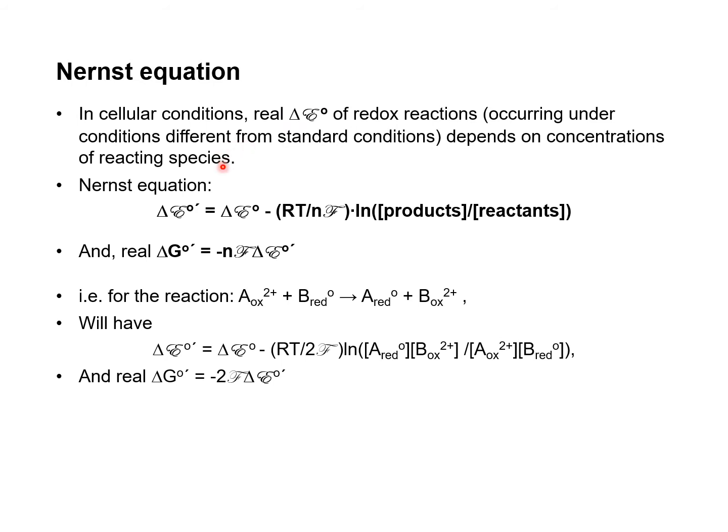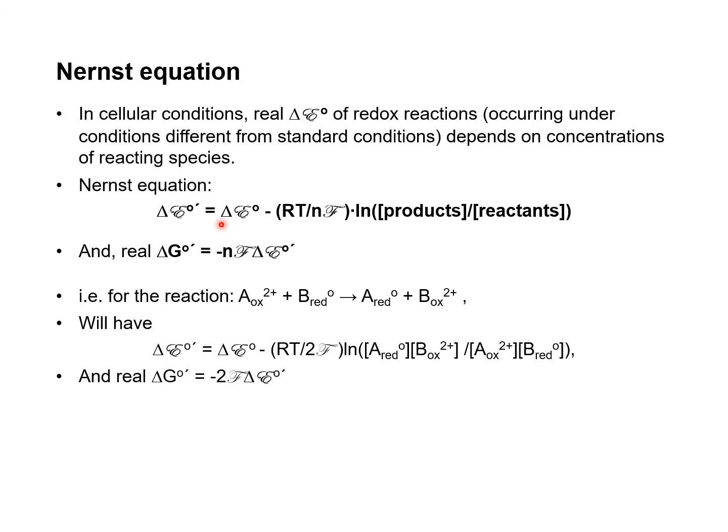To take those into consideration, there is a new equation called the Nernst equation, where delta E naught prime is calculated, and delta E naught prime is the real delta E in the cellular condition.